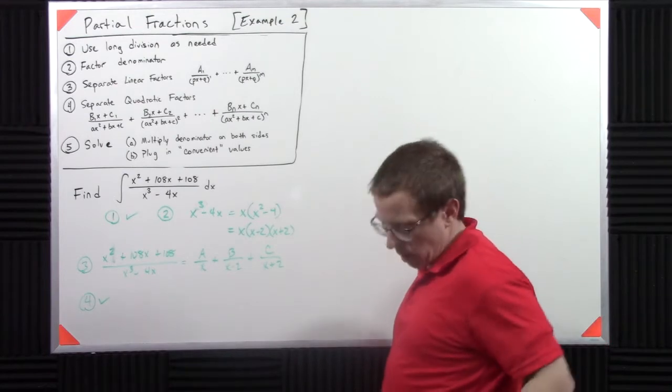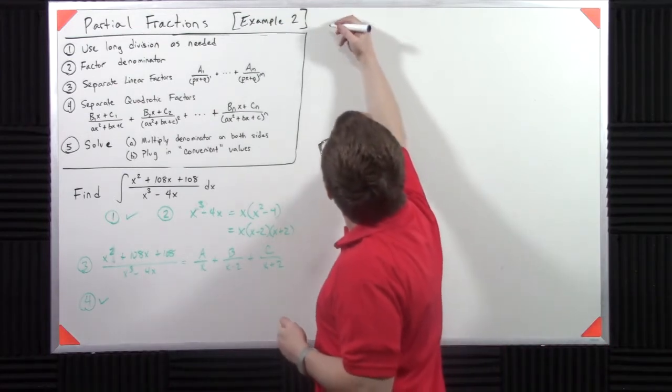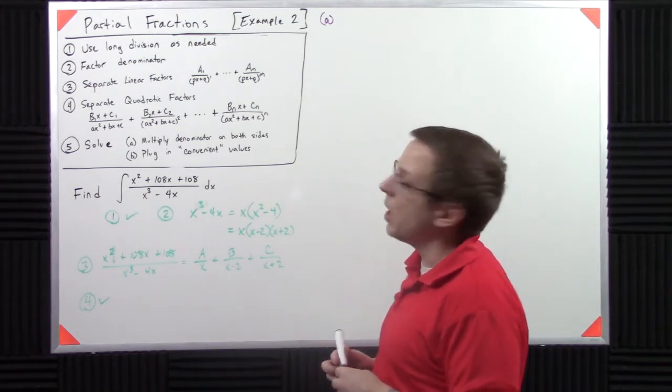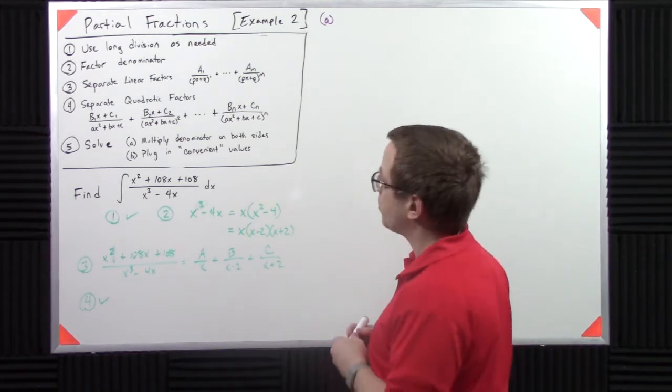The first piece of step 5, part A, is to multiply the denominator on both sides.